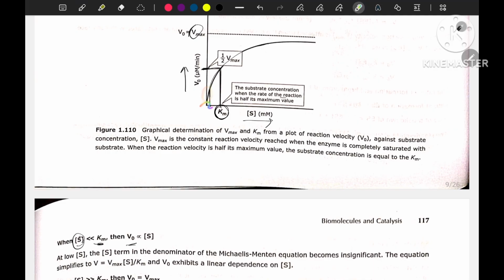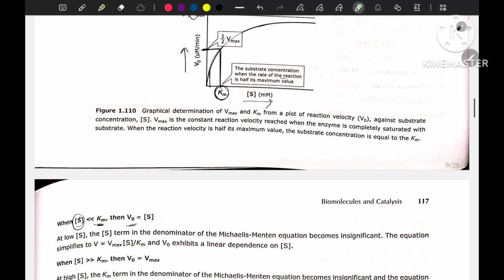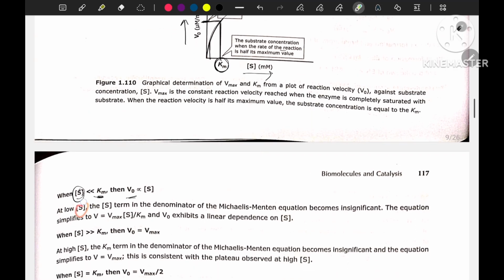So we say V naught is directly proportional to concentration of substrate. At low S, the S term in the denominator becomes insignificant and the equation simplifies to V is equal to V max S upon Km, and V naught exhibits a linear dependence on S.